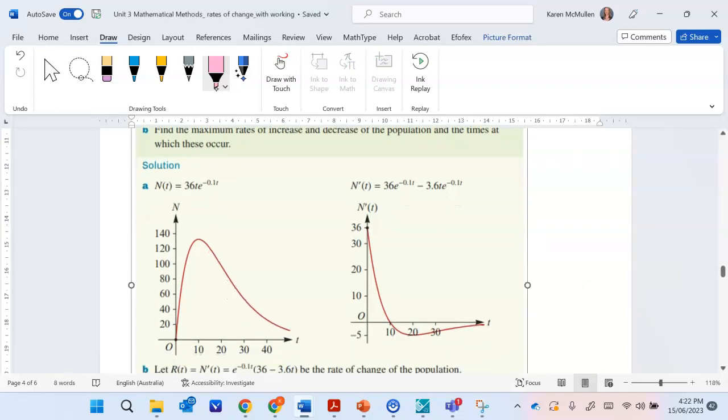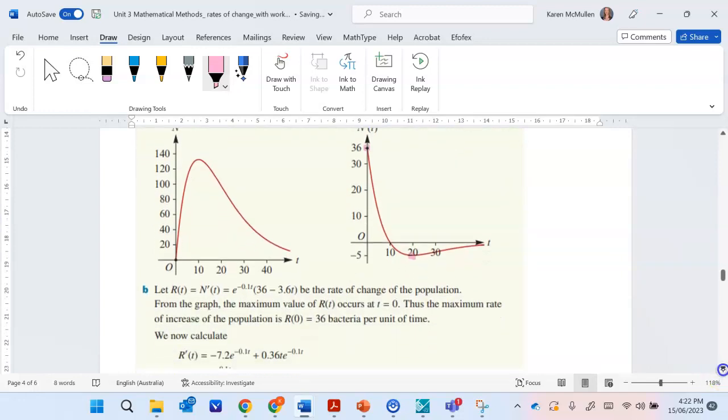So we can see here we've got our original function and here's our derivative function. The maximum of our derivative function is here, all right, at 36. Our minimum we can see is roughly around here. It's a bit harder to see, but we can actually see that it's a turning point.